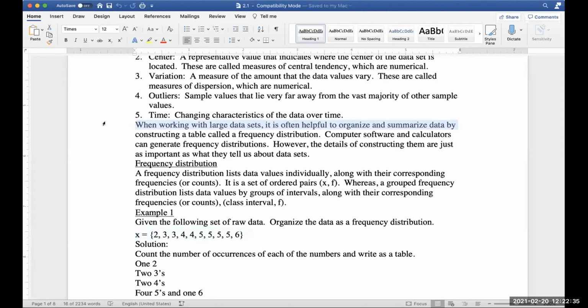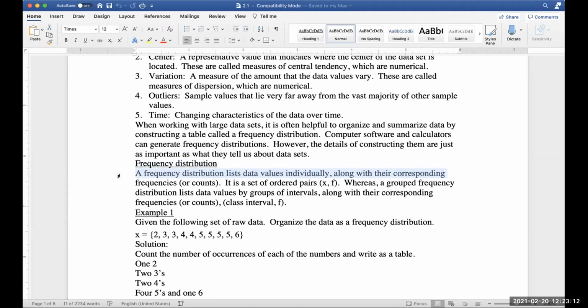When working with large data sets, it is often helpful to organize and summarize data by constructing a table called a frequency distribution. You can use both a calculator and computer software to generate frequency distributions. Let's look at a frequency distribution. We'll also be looking at what are called group frequency distributions.